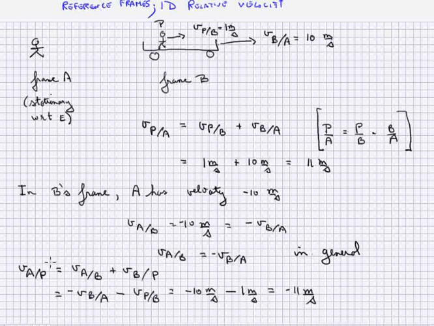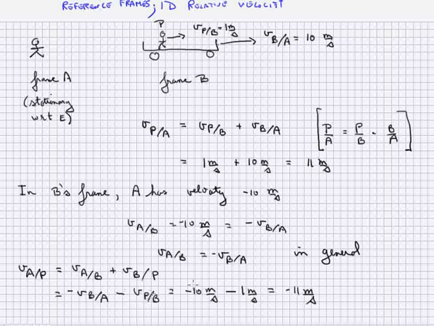So to take a last example here, we calculated the velocity of P relative to A. Let's calculate the velocity of A relative to P. Well, again, using this subscript rule, that's going to be the velocity of A relative to B plus the velocity of B relative to P. But using this negative rule, this is the same as minus B relative to A, and this is the same as minus P relative to B. And so this becomes minus 10.